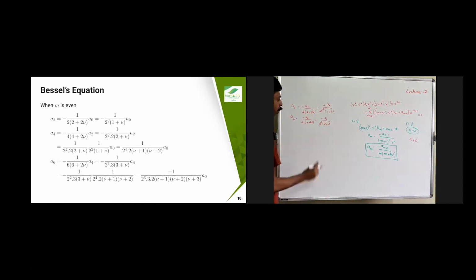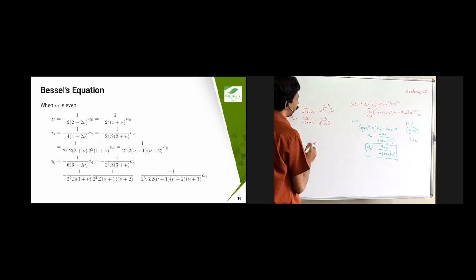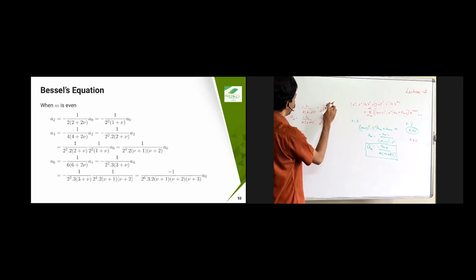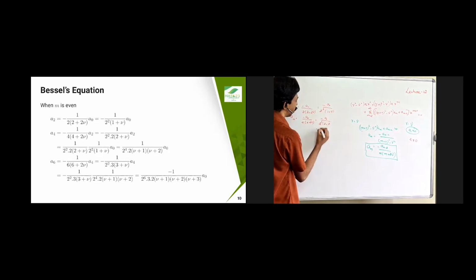And a2 is already minus a0 by 2 square, so minus into minus gives plus. So a0 divided by 2 cube into 2 square into (2 plus nu) into (1 plus nu).